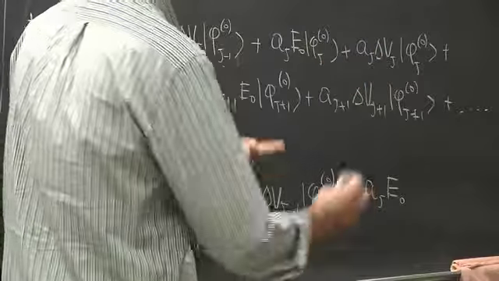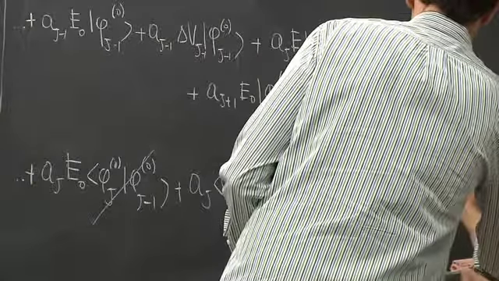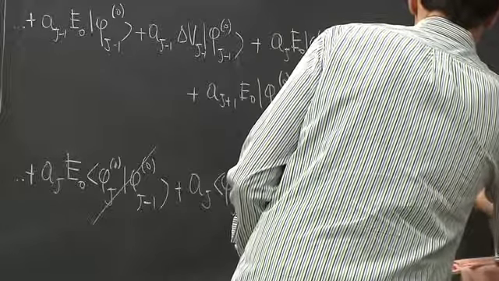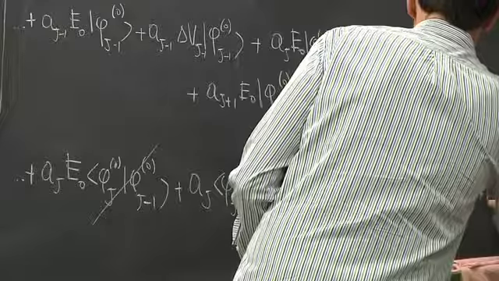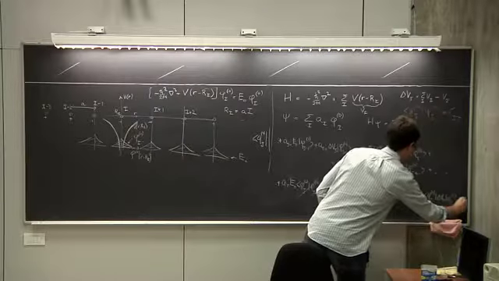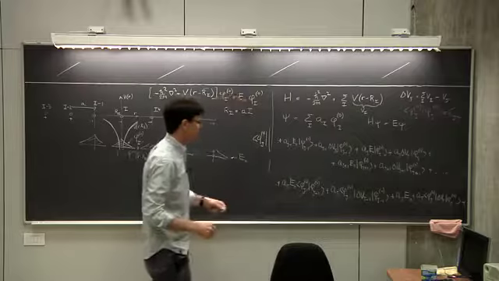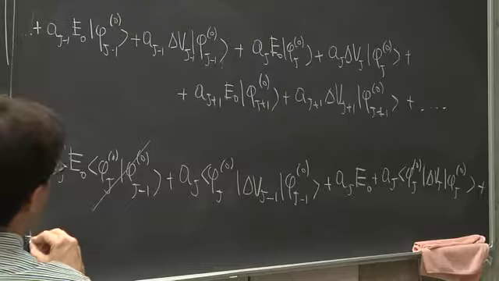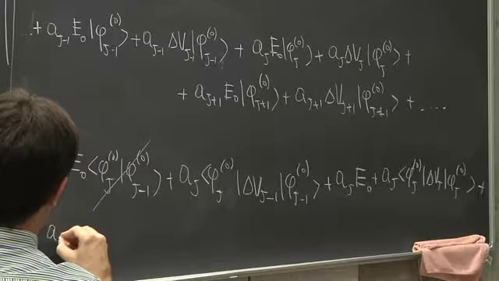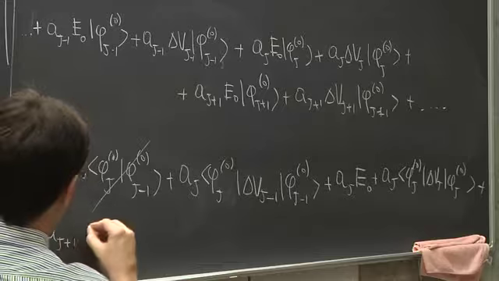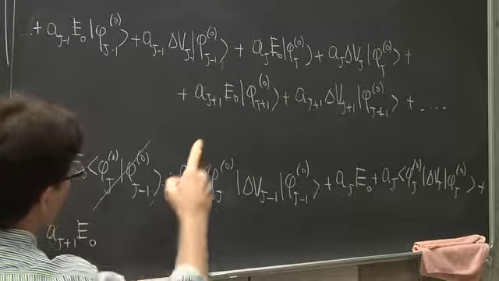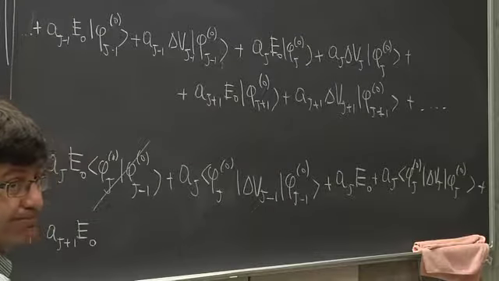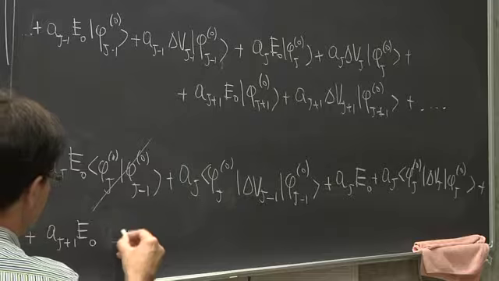Fourth term, well, here I have to write it explicitly. aj phi j delta Vj phi j naught. Plus, the first four terms are done. Let me continue with the last two terms. aj plus 1 e naught phi j plus 1. 0.